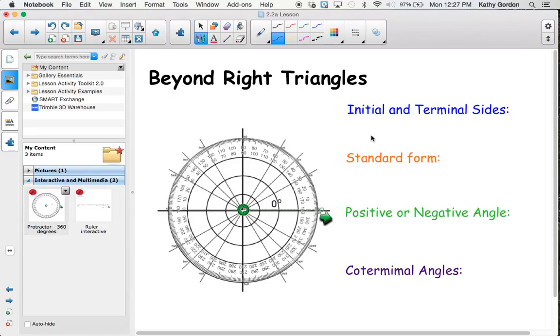An initial side is the side, oh, let me change the color of that. Keep things consistent here.